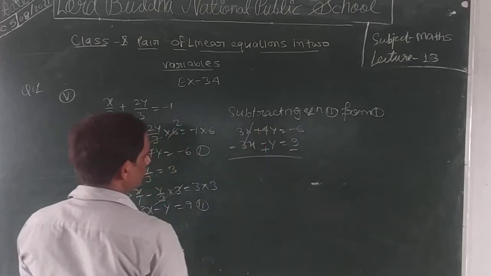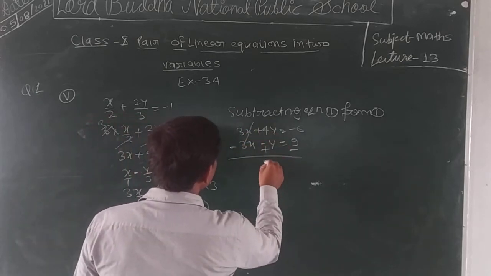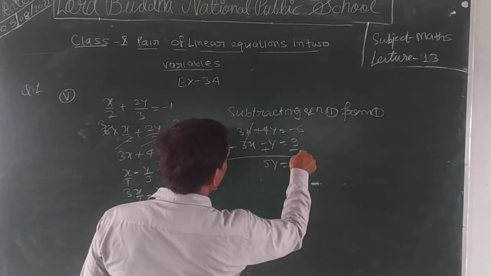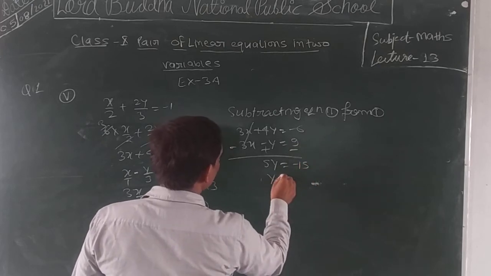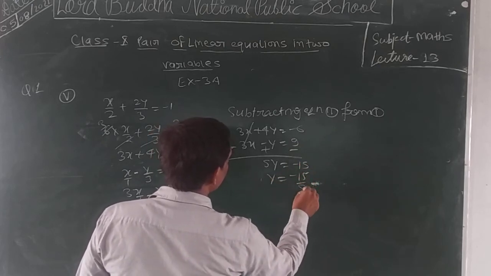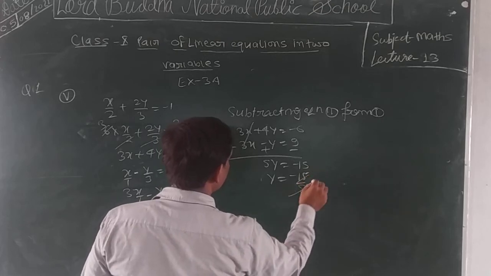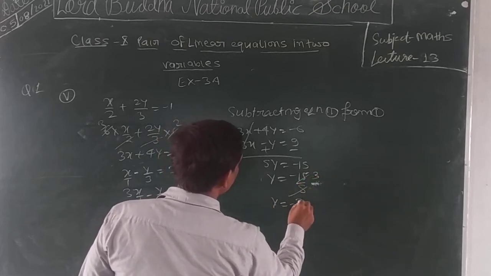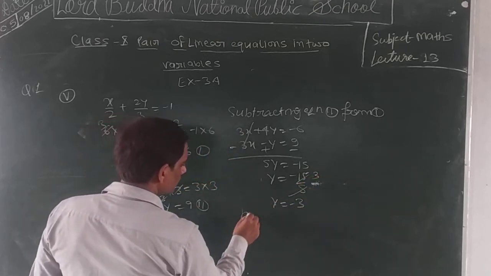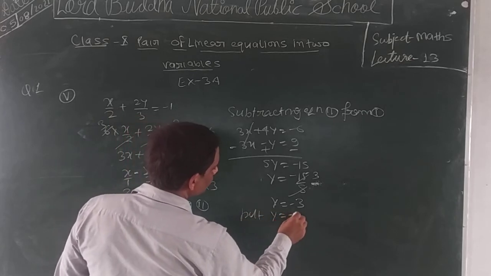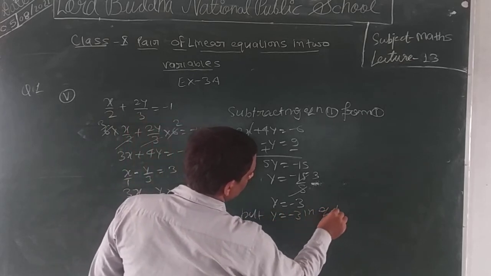This cancels. 4 plus 1, 5y equal to minus 9 minus 6, minus 15. y equal to minus 15 upon 5, 5 3s are 15. Okay, so y equal to minus 3. Put y equal to minus 3 in the first equation.